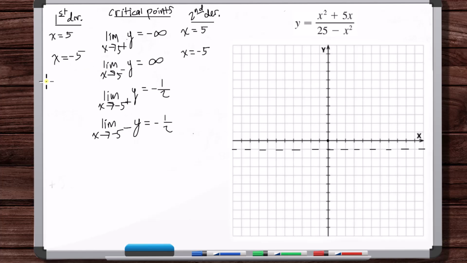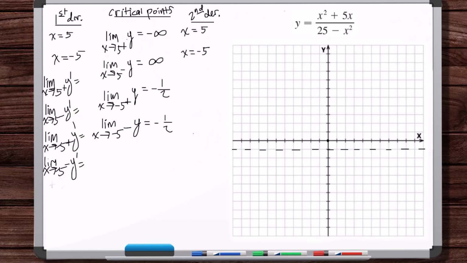Okay, and so let's do the limit as x approaches 5 from the right of the first derivative, the limit as x approaches 5 from the left of the first derivative, and then the limit as x approaches -5 from the right, and from the left, all of the first derivative.